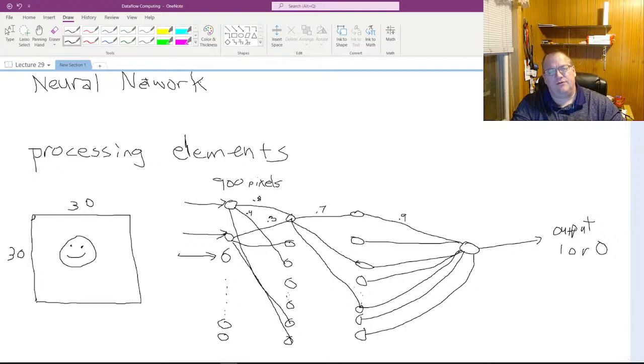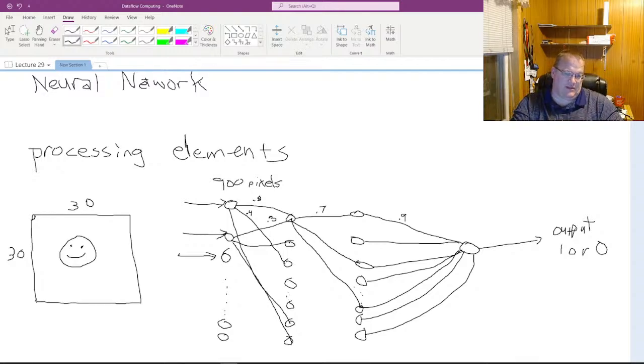But as it gets results of whether or not this was a face, it slowly learns and can change the weights in the system. Each iteration that it gets one right, it can change that weight just a little bit more until it's done learning.